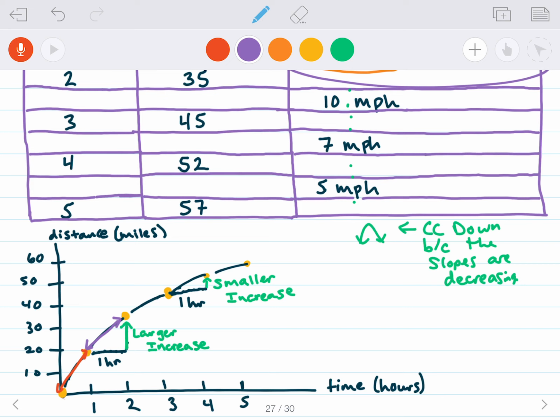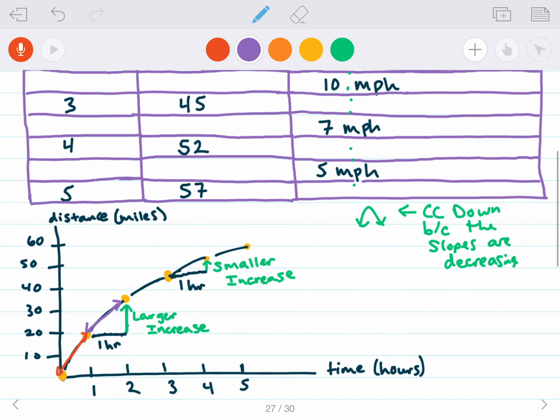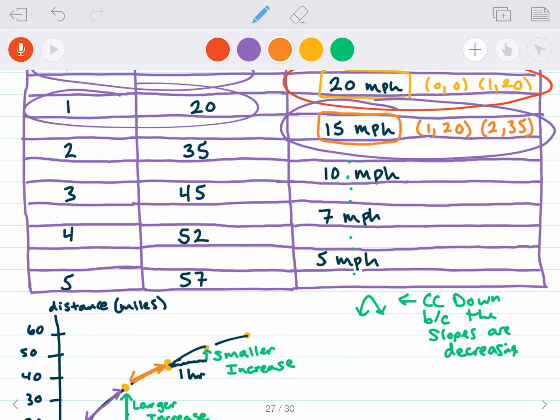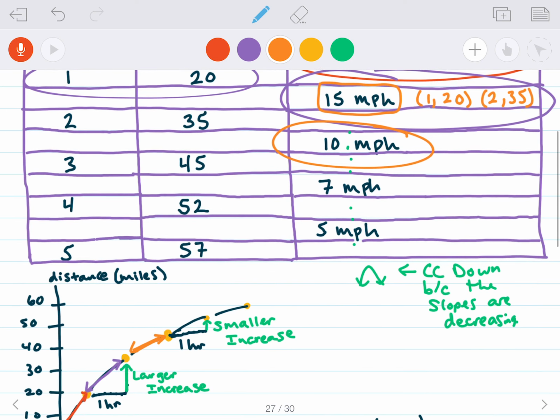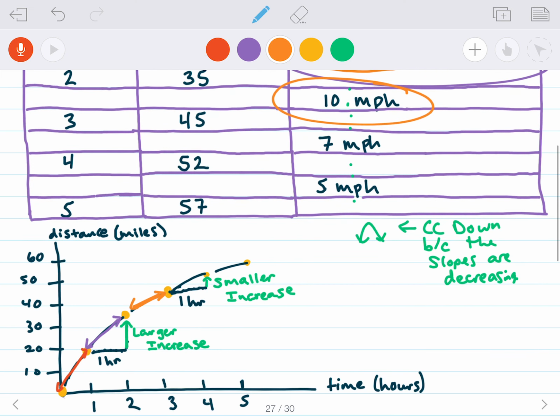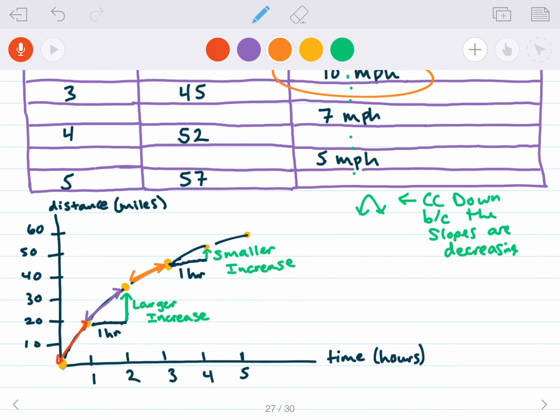We're not moving as fast as we were. And we're moving even slower from 2 hours to 3 hours. We can see that we're moving at 10 miles an hour. That's our average speed between 2 hours and 3 hours. And yeah, so this is going to give us a concave down curve.